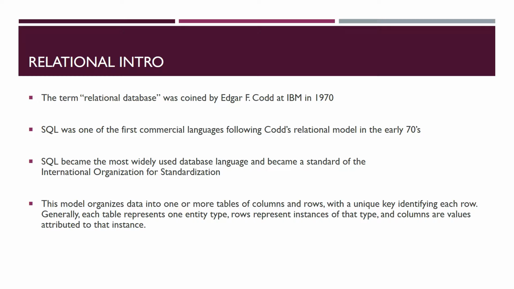Each row in that table is an instance of that type, like one specific customer with a unique key identifying them. And all of the columns are attributes of that, so it could be customer with unique key ABC, first name Bob, second name Smith, and so on.